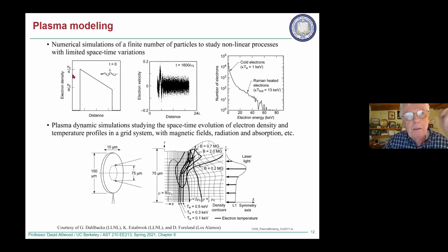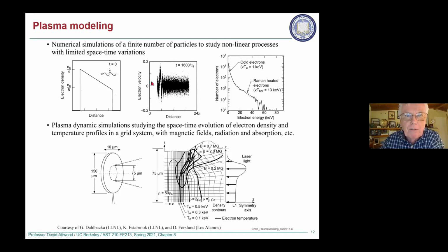Again, I'll remind you what the critical density is. Critical density is where the incident light wave, if it gets that far, will be reflected away. It cannot penetrate beyond or into a plasma at the critical density. So this is below that. This is where the incoming light wave could reach all of these densities. And there's a finite number of particles that are simulated. One of the simulations is shown here.